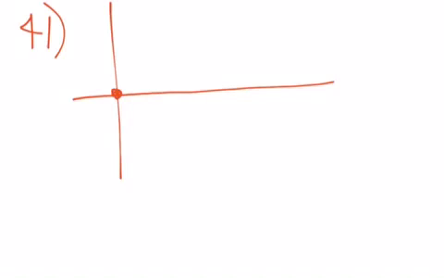I can't show you the actual paper, so you'll have to compare the drawing on the video to your paper. If you'll notice that this point here is exactly in the corner of the graph.